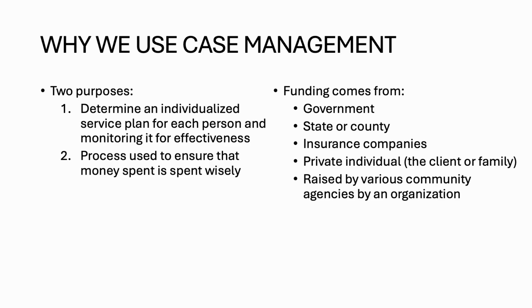Oftentimes they're going to come from different places. So it could come from the government or state and county. That's kind of related to each other. Typically, let's say the government will give money to each state and then each state will decide how it goes. So it's kind of connected that way. Insurance companies, private individuals, so maybe just a client or the family will pay for it, raised by various community agencies, by an organization.